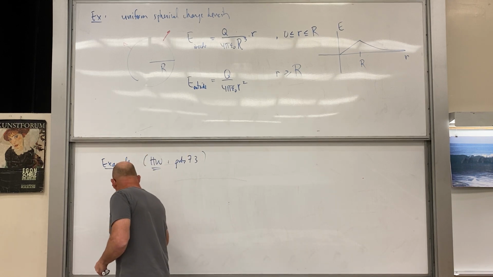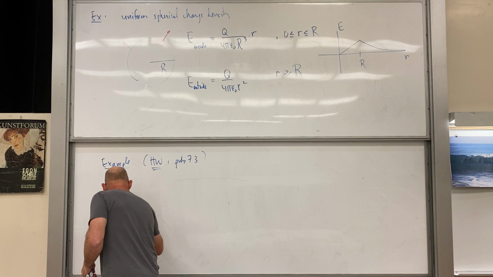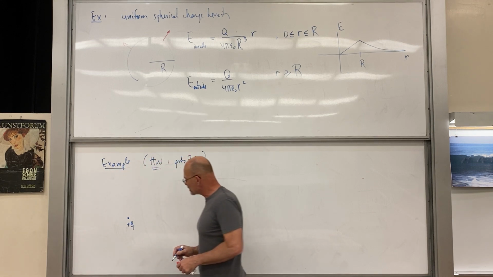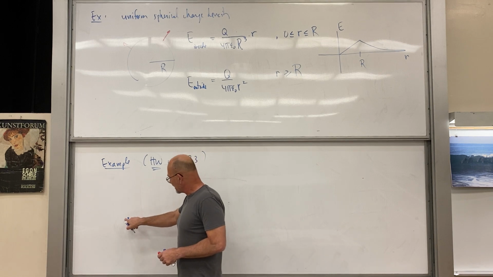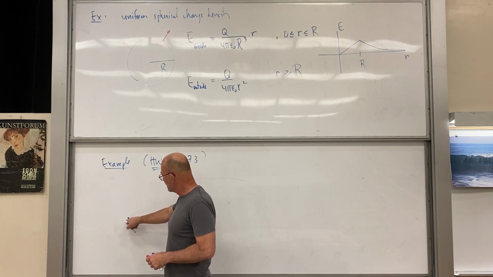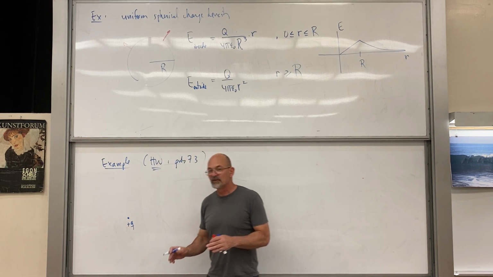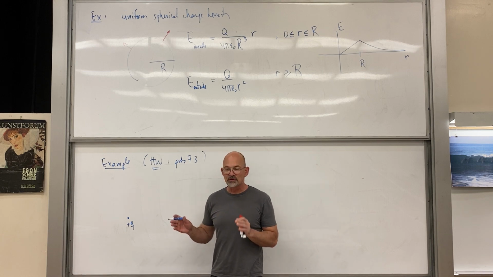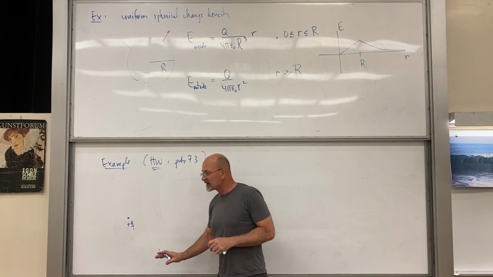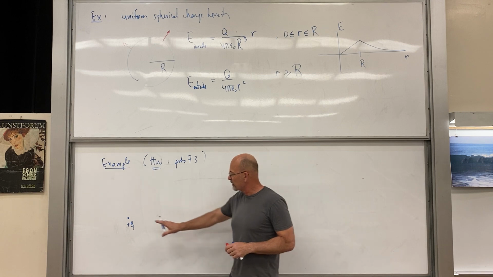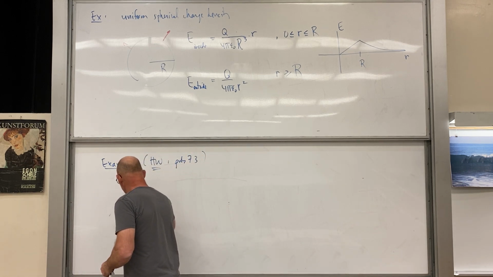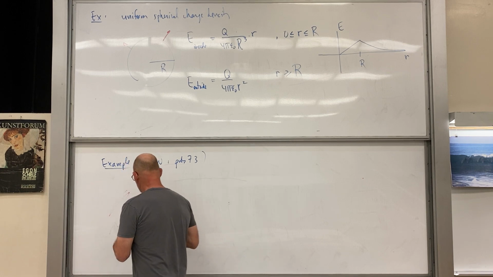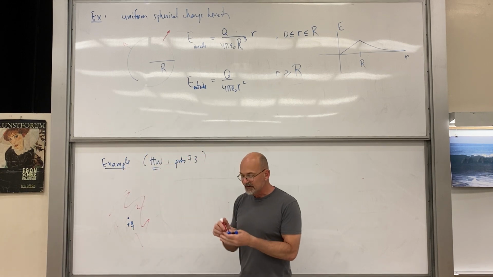The idea is we're going to have a positive charge, namely a proton charge, at the origin, and surrounding it we're going to have a smeared out electron charge. And this is going to be an atomic model. Okay, so you've got plus Q at the origin, and you've got minus Q all over the place, but spherically symmetric.